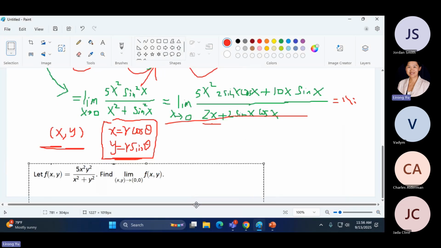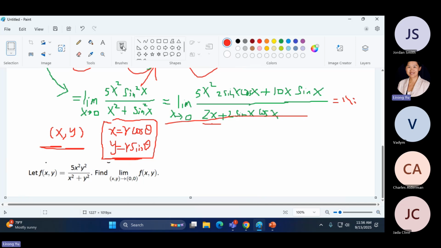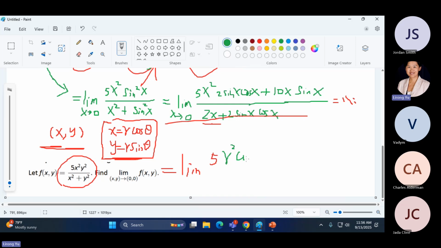So this computation will equal the limit of this function. We will have 5x squared y squared, and this is our x and y. So x squared would be r squared cosine squared theta, and then y squared will be r squared sine squared theta.